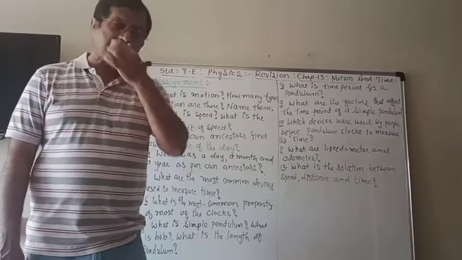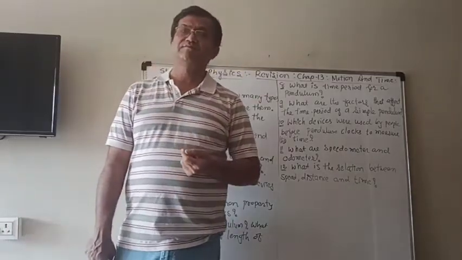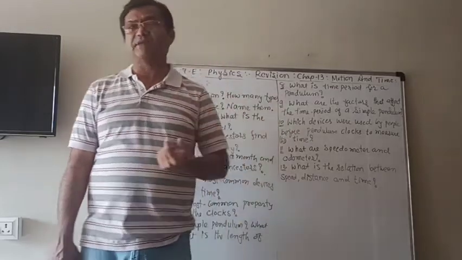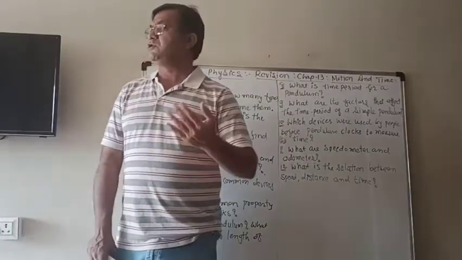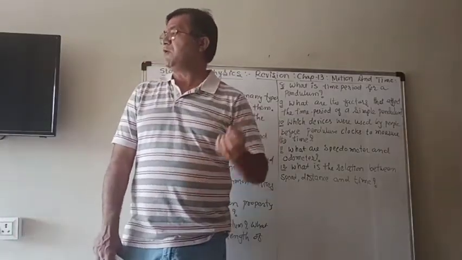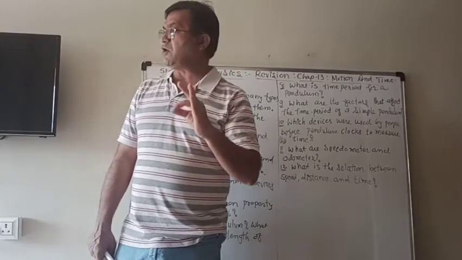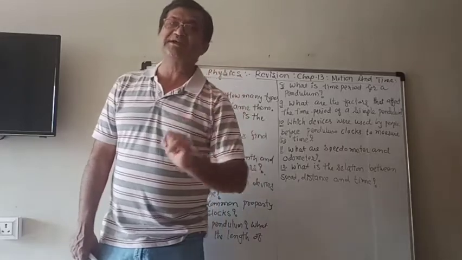There are some other units also like kilometer per hour, meter per minute, kilometer per minute, etc. You can choose different units for distance and time. You get different units for speed, but the basic unit or the SI unit, standard unit, is the meter per second.